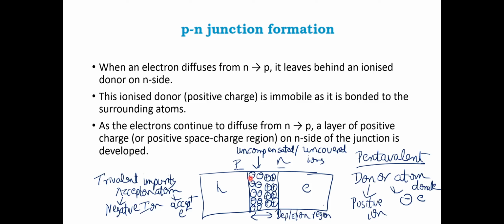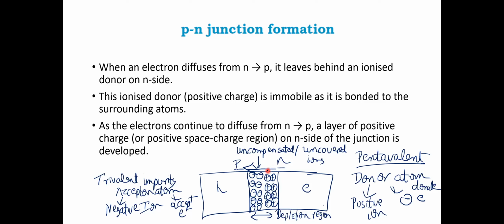Because the moment this depletion region is formed, you're going to have an electric field directed from left to right, because there is positive charge here and negative charge here. Now, can holes move in the direction opposite to the direction of the electric field?